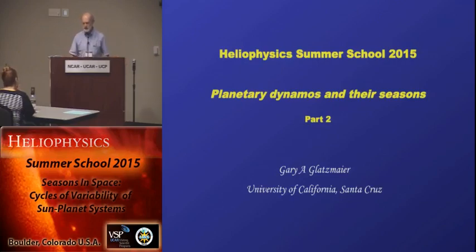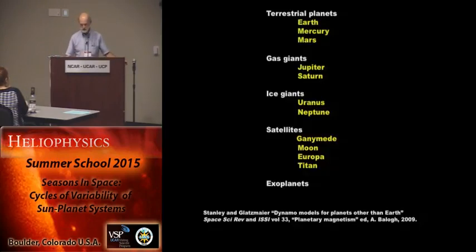But anyway, today, in this part 2, I had this slide in here before I realized that Fran was going to give such an excellent summary. But these are a number of planets and satellites that have magnetic fields or had magnetic fields.